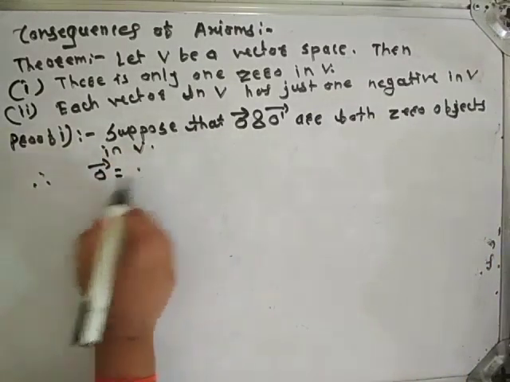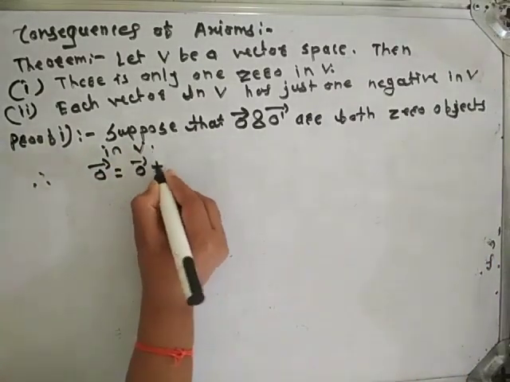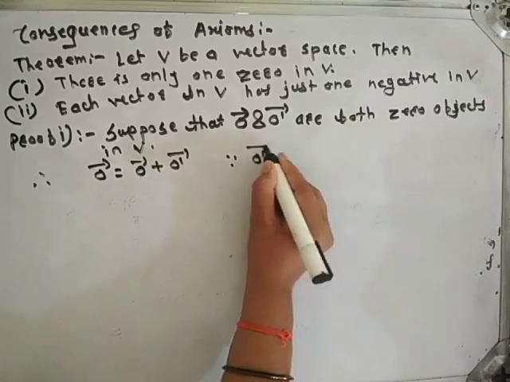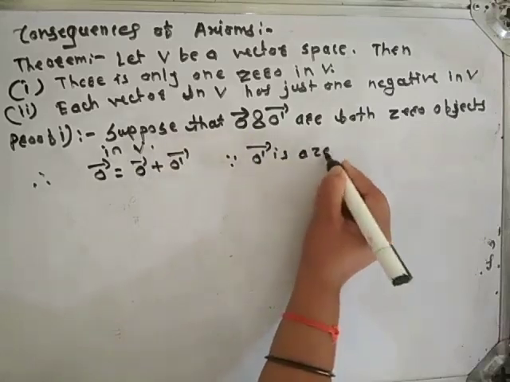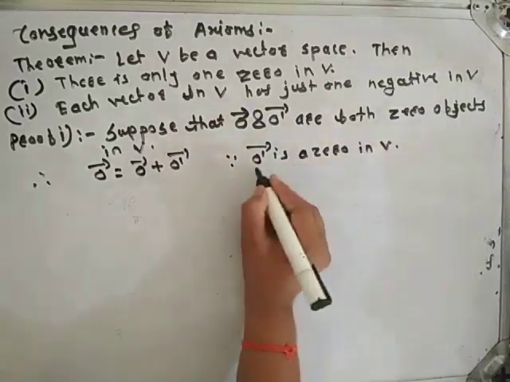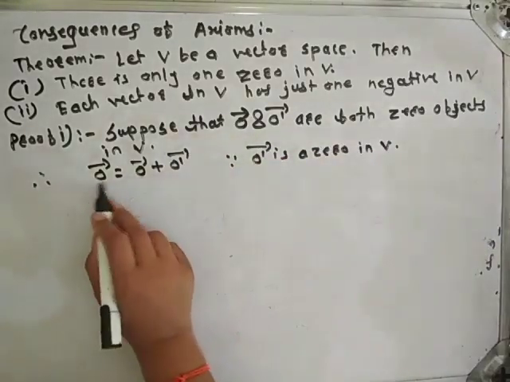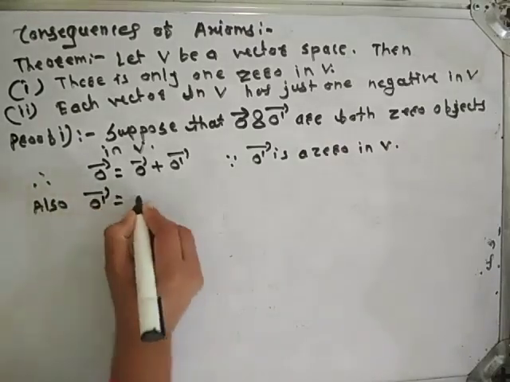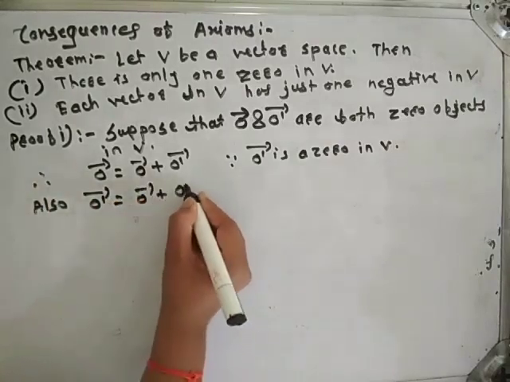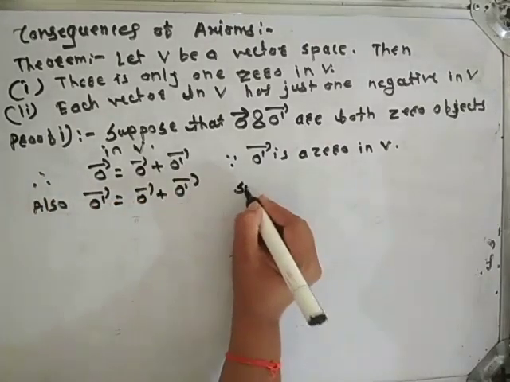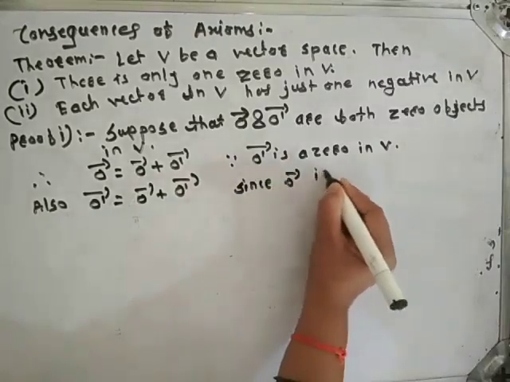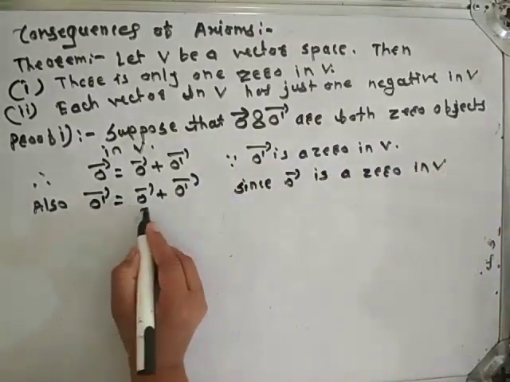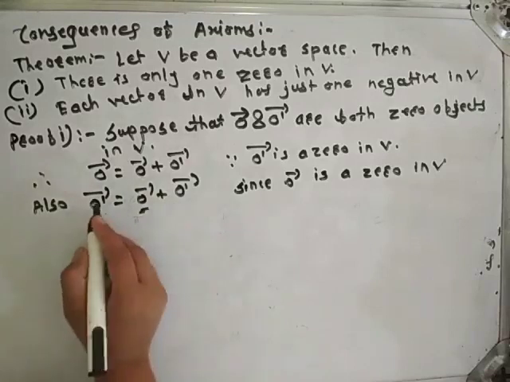Therefore, we have 0 bar can be written as 0 bar plus 0 dash bar, since 0 dash bar is a 0 in V. Means what? If we add 0 dash bar to 0 bar, we will get 0 bar. And also 0 dash bar is equal to 0 bar plus 0 dash bar, since 0 bar is a 0 in V. Means if we add 0 bar to 0 dash bar, we get 0 dash bar.